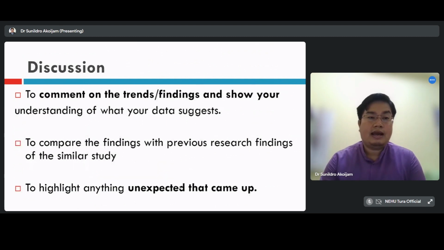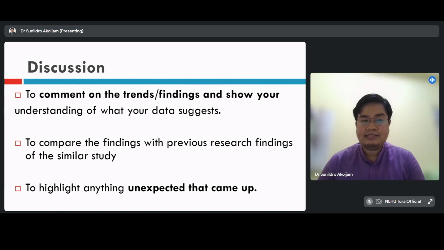Then after that comes the discussion part. This particular section is very, very crucial in terms of how you see the result, how you analyze, and how you try to justify that your findings are somehow different from others.